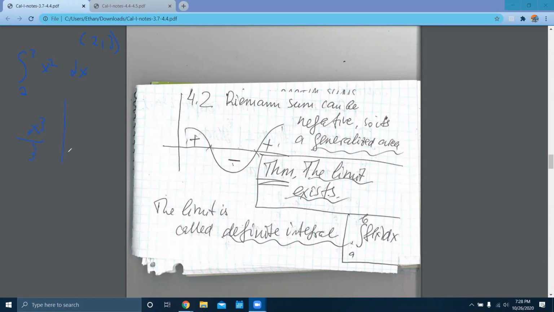And then I'm going to go from 2 to 3. Now what you do is you plug in 3 for x minus 2 for x. And this is going to give you some value that you will use. And that's why he has your interval here. He has a to b, which is why your integral is from a to b.